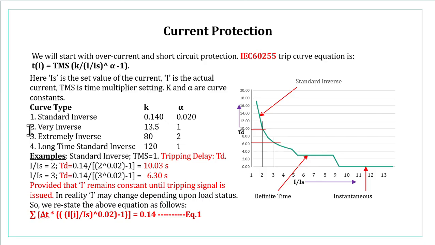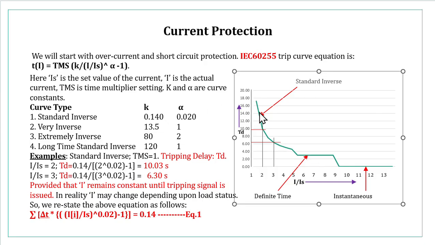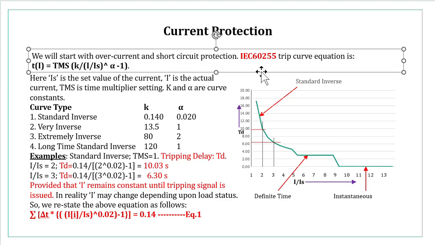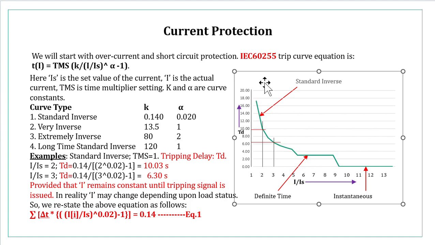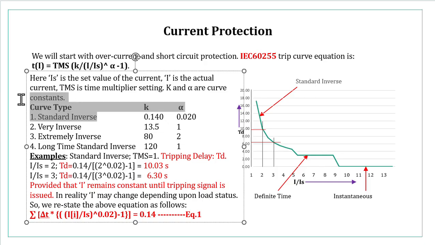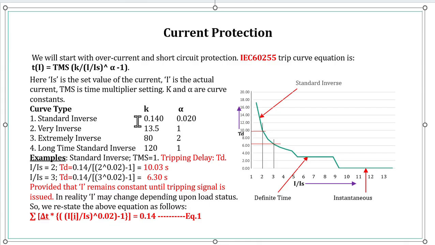It is here. The curve type, and we are referring only to the inverse characteristic. This characteristic has 4 different forms. First one is standard inverse. Now K will change.